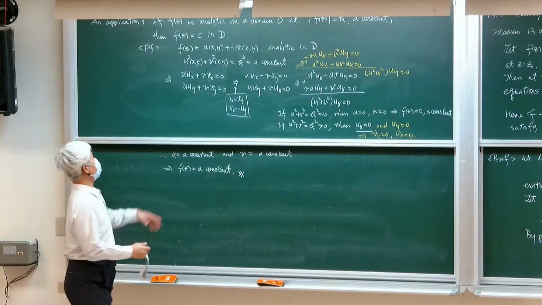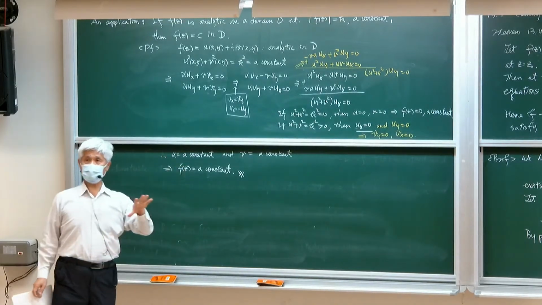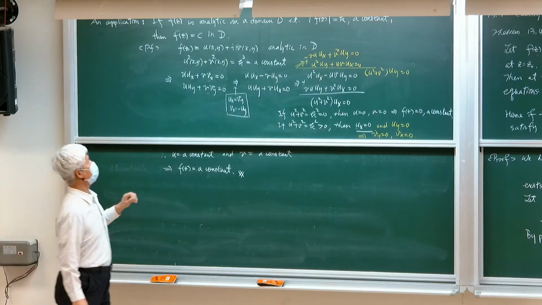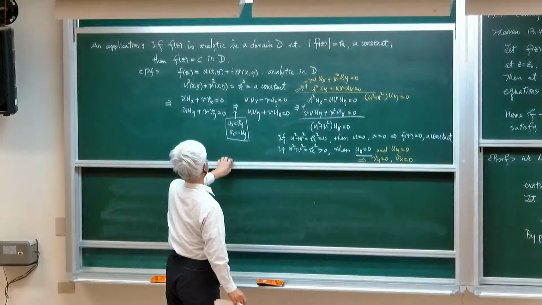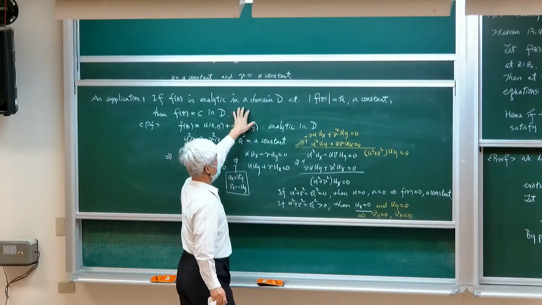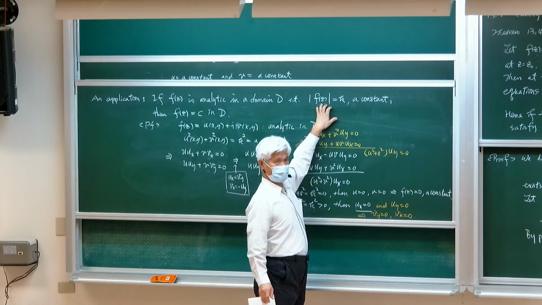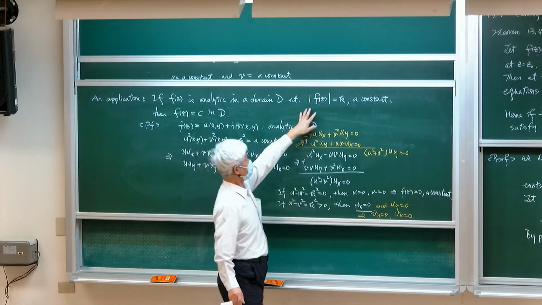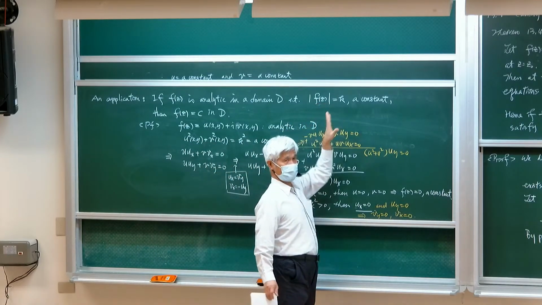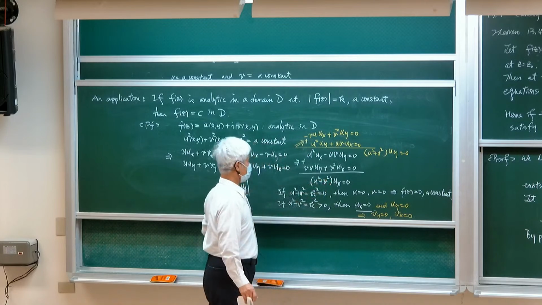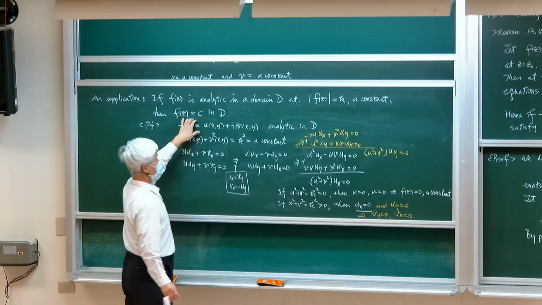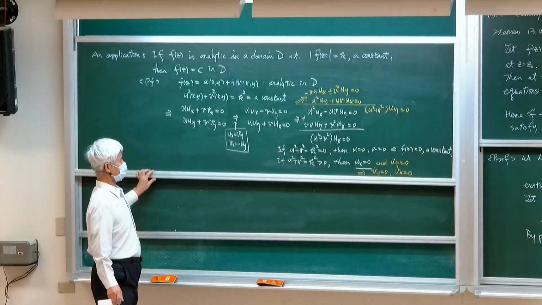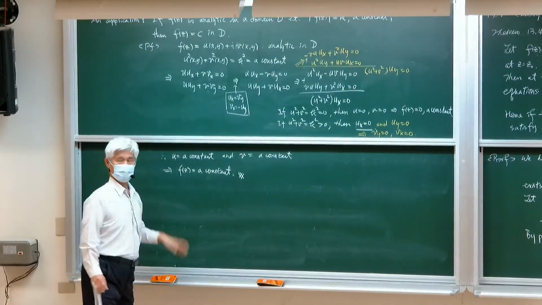So this is an application of the Cauchy-Riemann equations. Whenever we have an analytic function in a domain D such that it has constant modulus, meaning its magnitude is equal to a constant, then this analytic function must be a constant function. Any questions?